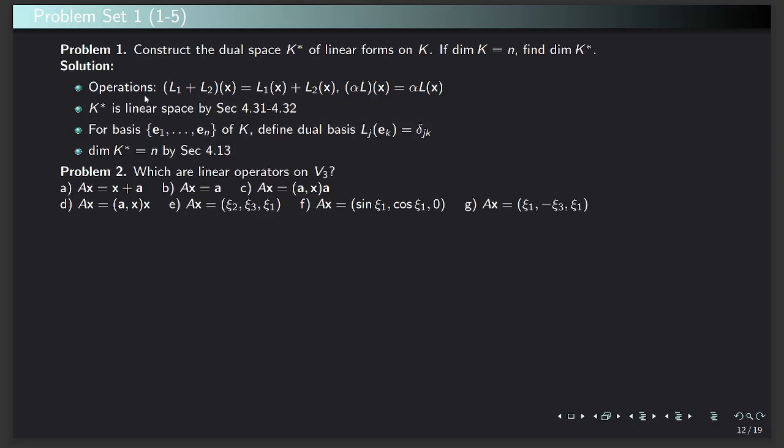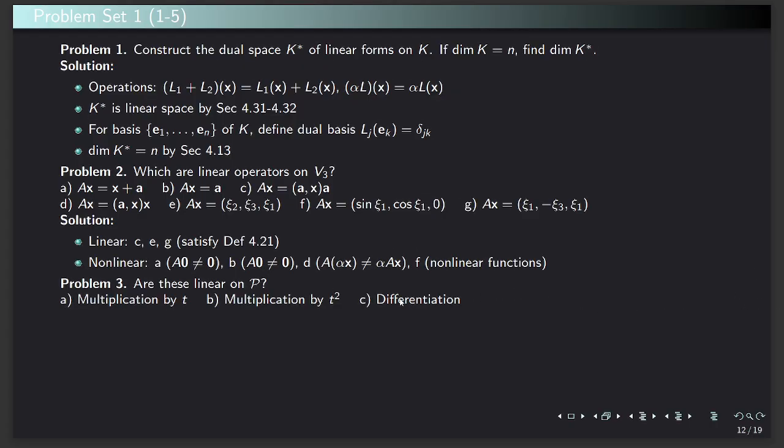If K has basis e1 through en, we can define the corresponding dual basis in K star, where the jth dual basis vector e^j is defined by its action on the original basis: e^j of ek is 1 if j equals k and 0 otherwise. So this dual basis has n elements, and the dimension of the dual space K star is also n.